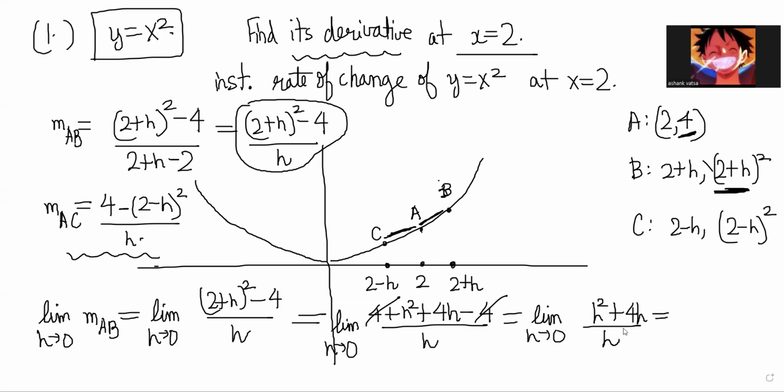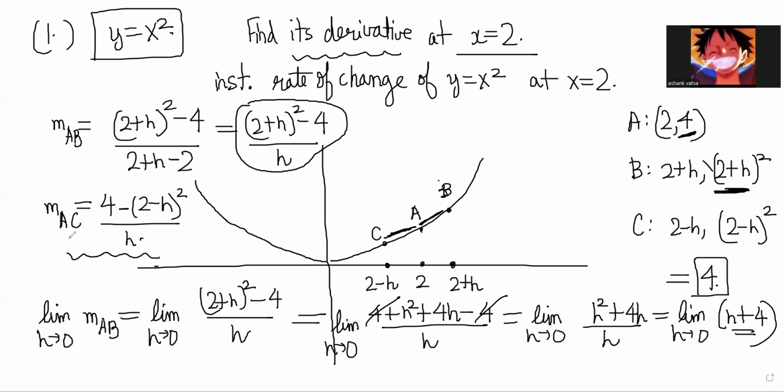Yes, by taking it common. Take h in common, cancel one h. You will realize that it will be limit h tends to 0, h plus 4, right? So what is the limit of h tends to 0, h plus 4? 4. So that is the right hand derivative. Do you understand? Yes, sir.